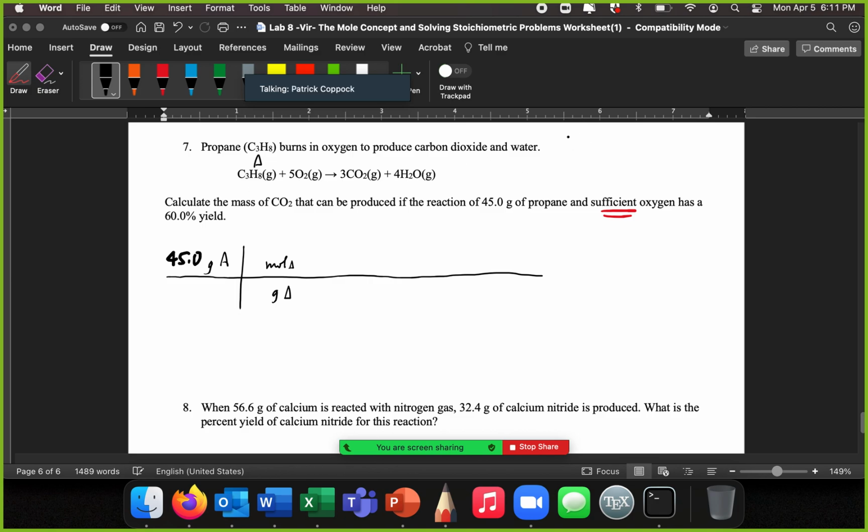I'm going to calculate propane up here: 3 times carbon plus 8 times hydrogen equals 3 times 12.011 plus 8 times 1.008, which is equal to 44.097 grams per mole.